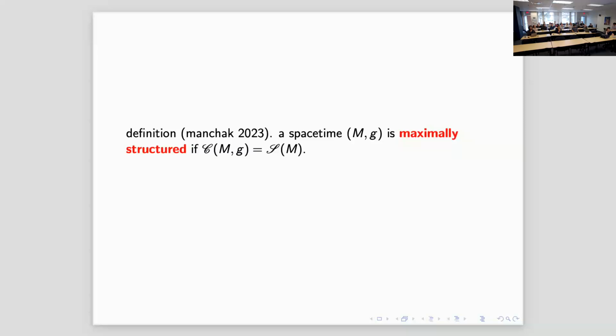As long as it's smooth, then I'm going to do something over here, produce a curvature function that matches exactly the smooth function that you gave me. And if I can do that for any smooth function that you give me, then I'm going to say my spacetime is maximally structured. I have a lot to work with. You can see how I have to have a lot to work with if I'm going to do something like that, right?